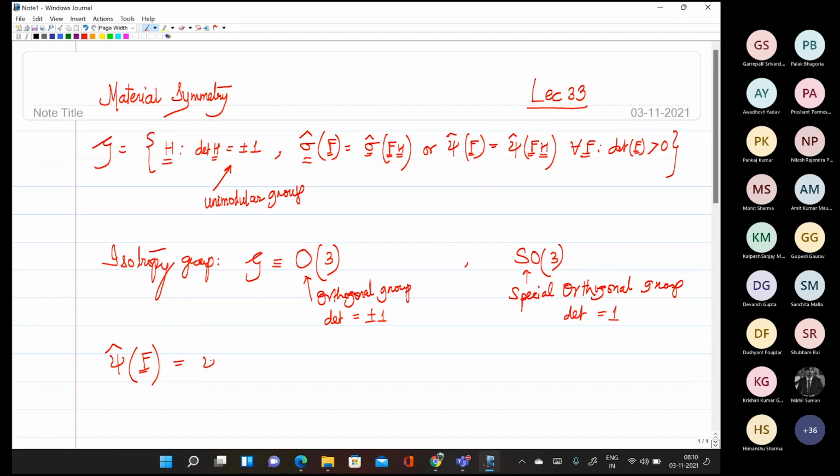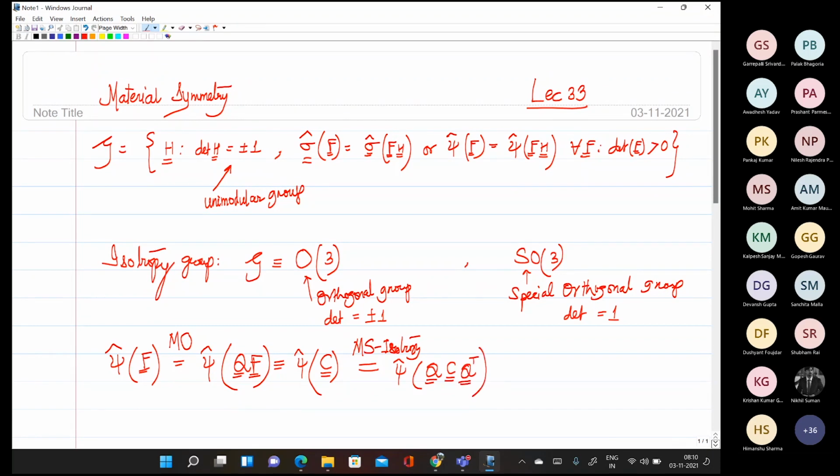Then we could see that this is equal to psi of some Q times F. Using material objectivity, MO, this implied that it would be equal to psi hat of some function of C. But further, if you use material symmetry for the isotropy group, then psi hat is a function of QCQ transpose, where Q has both rotation as well as reflection.